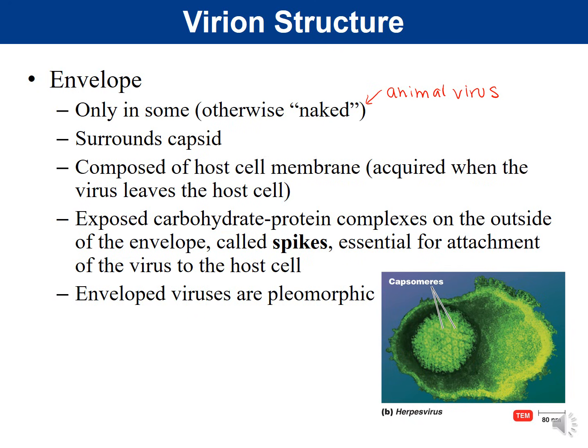And that's because this envelope surrounds the capsid, and the way that the envelope forms is that after the virus infects the host cell and turns that host cell into a virus-producing factory, when the virus leaves, it sometimes does something called budding, meaning that it actually buds off from the host cell. And when it does that, it takes some of the host cell membrane with it. And so that membrane is derived from the host cell itself.